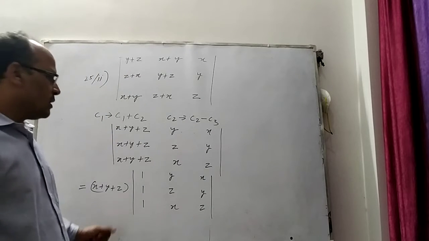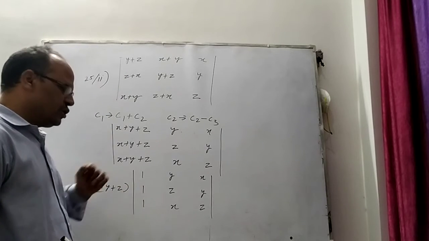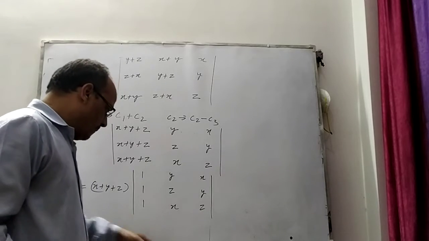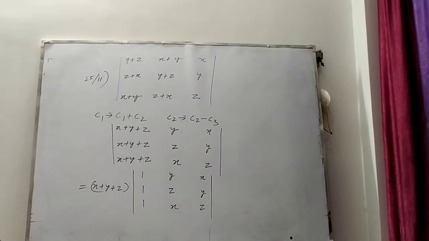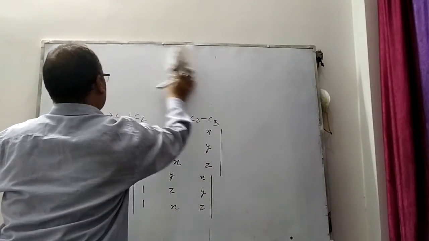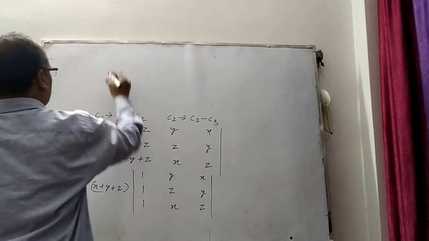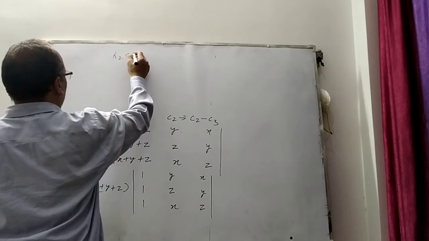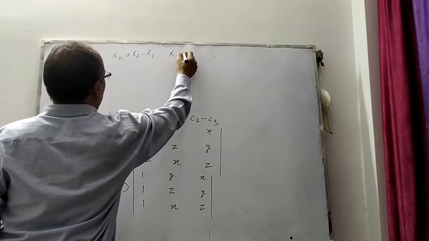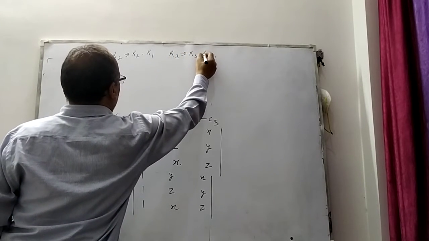After that, I have given you the concept: you will make two of these entries 0. So R2 tends to R2 minus R1, and R3 tends to R3 minus R1.